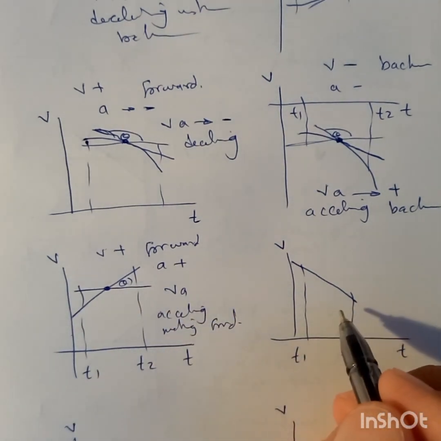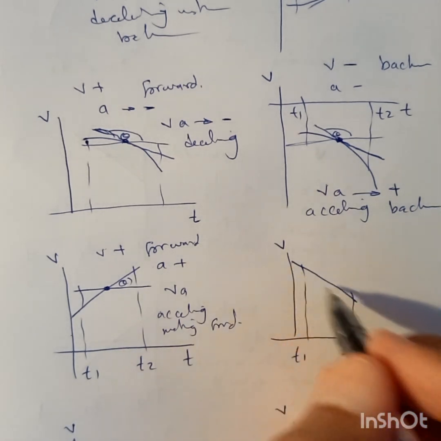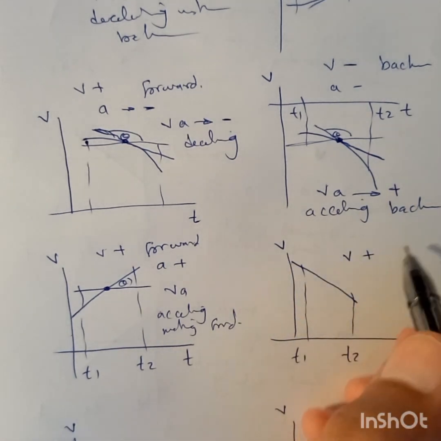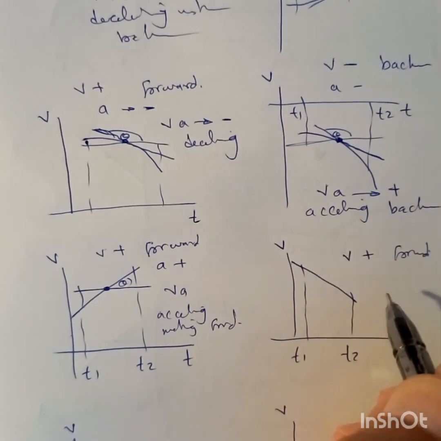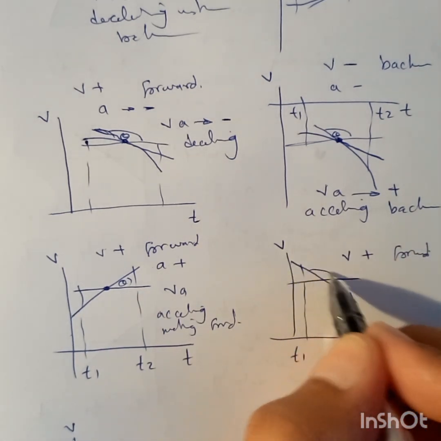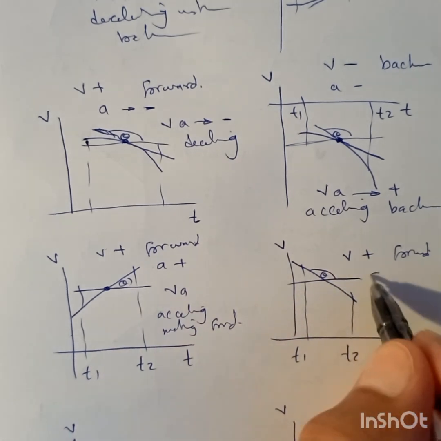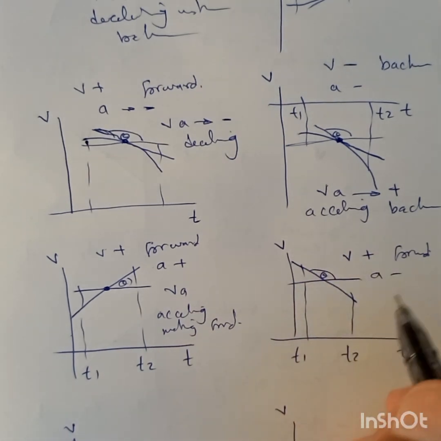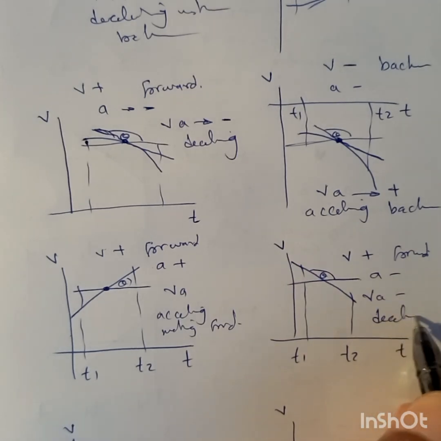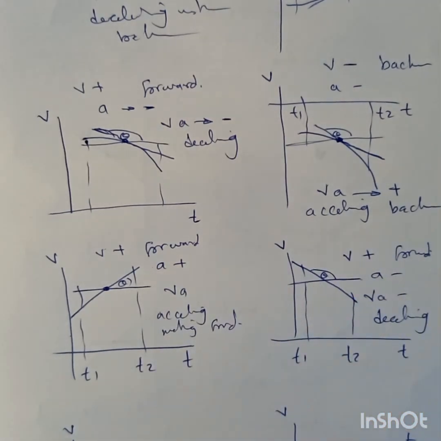Okay, for this one we have v is positive as the curve is above the x-axis, then we have forward also. But if we find the slope of this curve, theta is obtuse, then acceleration is negative. Then va is a negative value, then we have decelerating motion in forward direction.